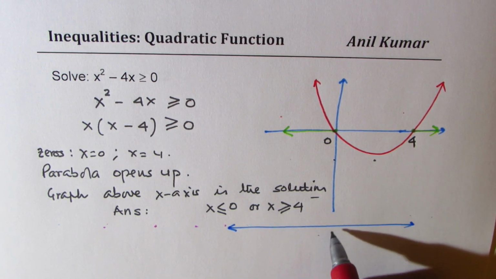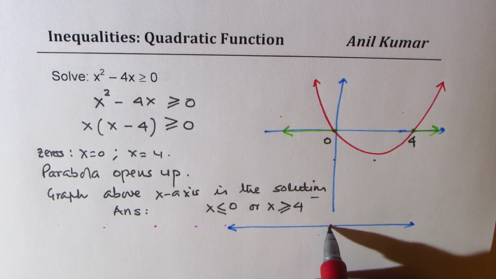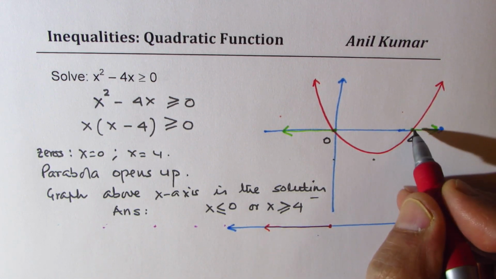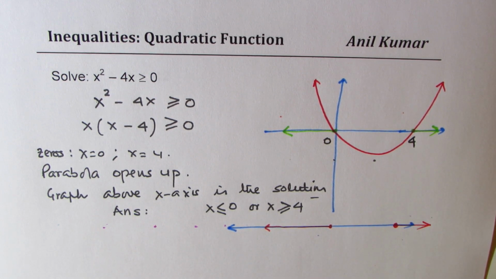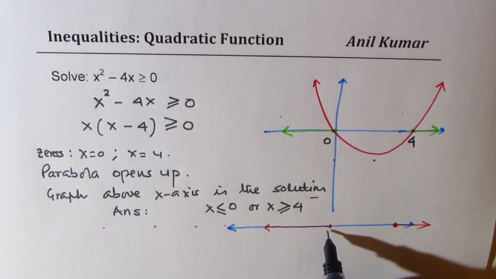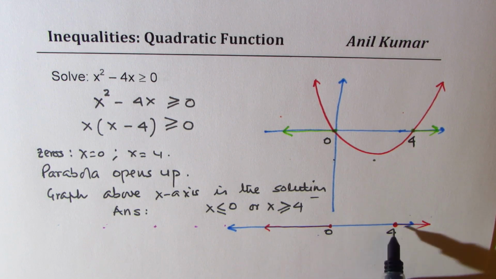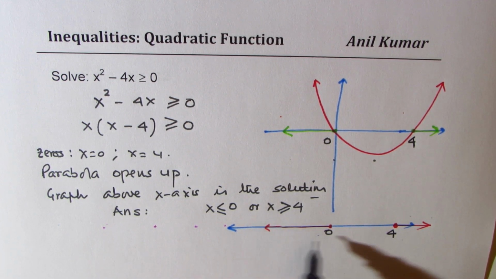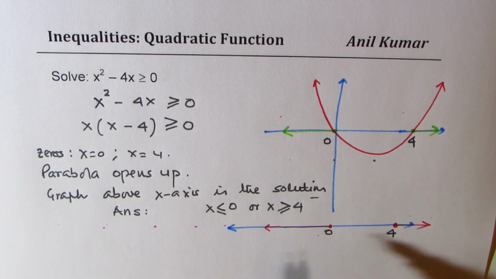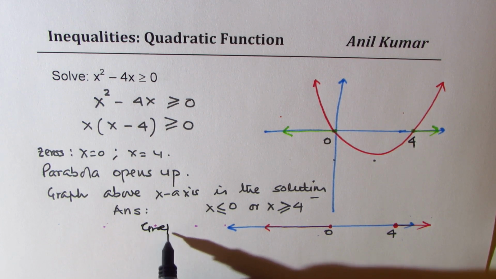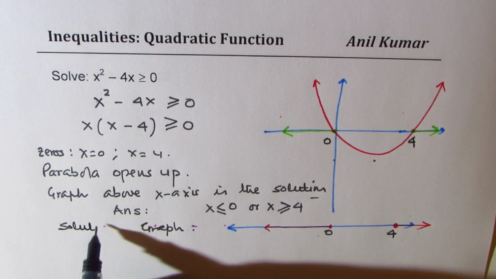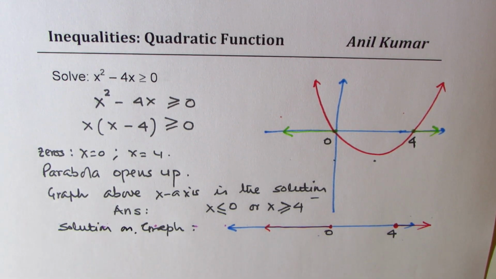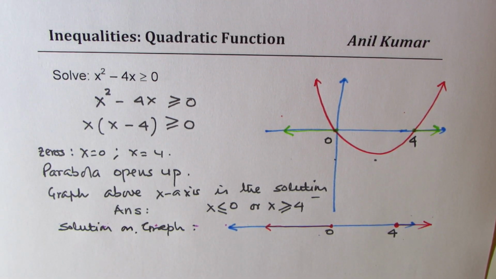On the number line, we have a solution including 0 towards the left side and from 4 towards the right side. Does it make sense to you, right? So from 0 to 4, these values are not valid, but all others are valid. So that is shown on the graph as the solution. I hope that is absolutely clear.